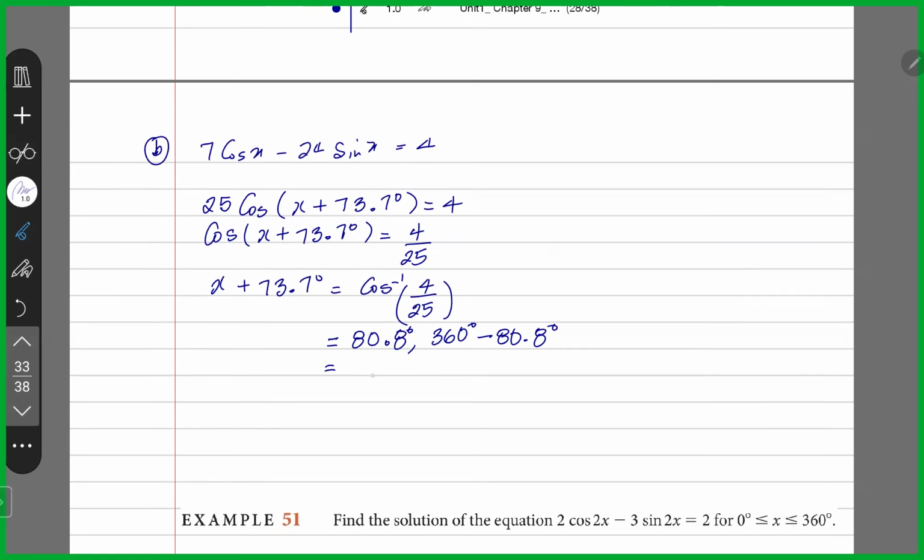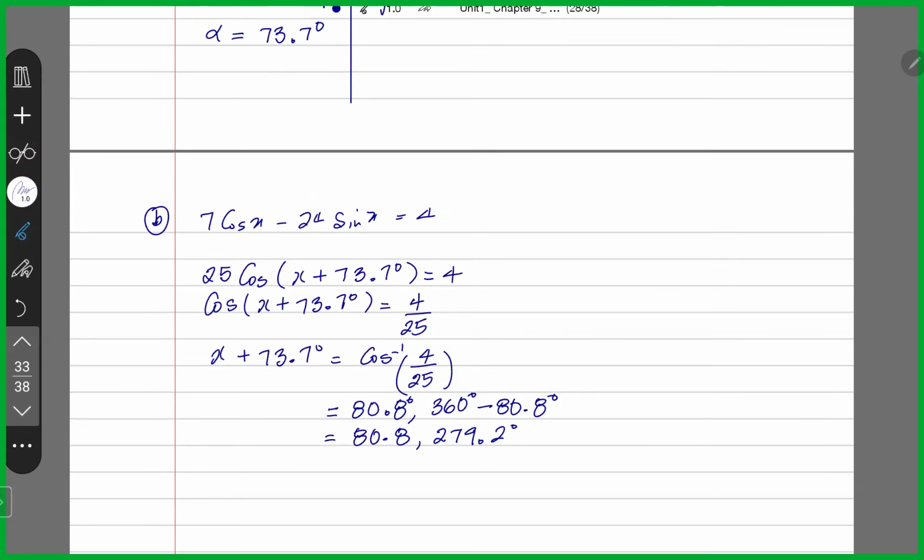So this becomes 80.8, comma, 279.2 degrees. So that is what x plus 73.7 degrees is equal to.